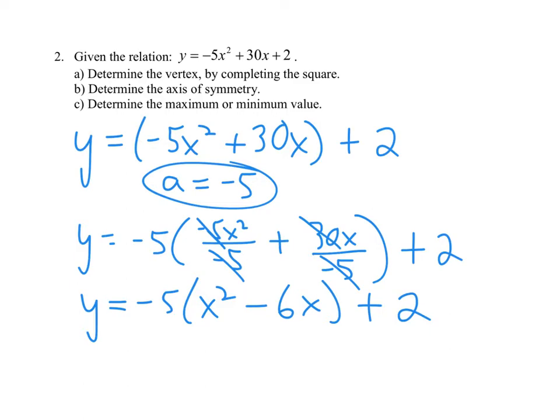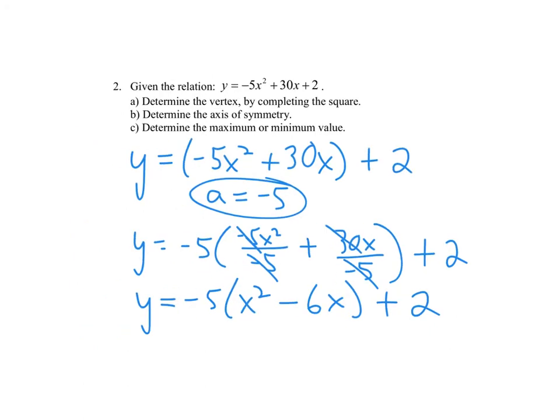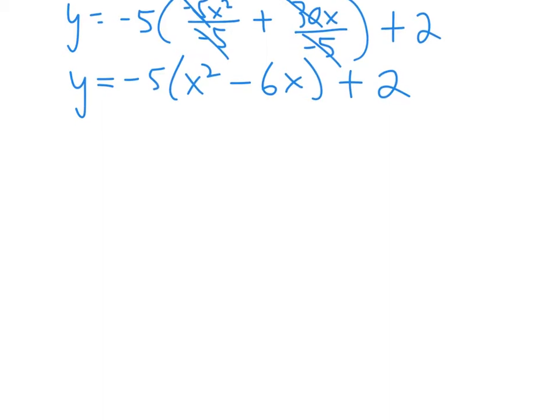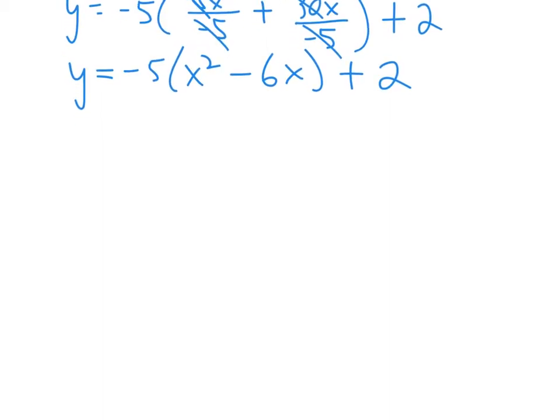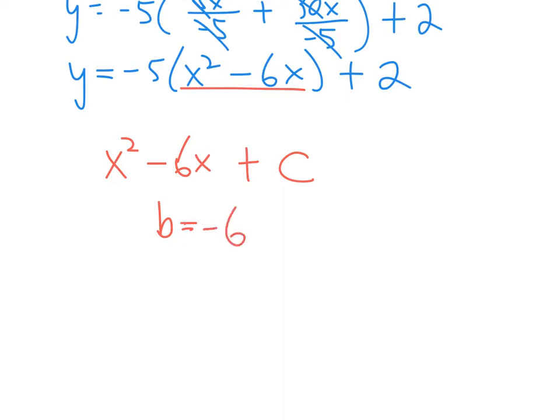So we're going to pause for a moment and talk about completing the square and what that means. Consider just the inside of the brackets for a second: x squared minus 6x. In complete standard form, we're going to have another term here, a constant. The middle term coefficient is -6, and on the first term, the a value, the coefficient is 1.